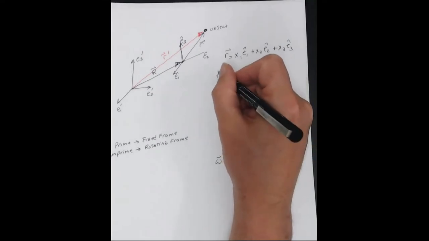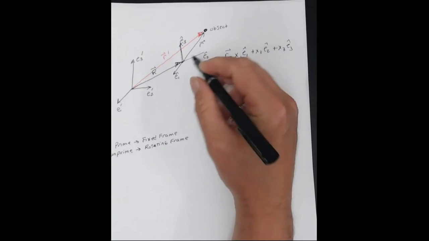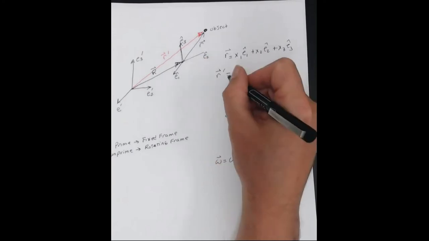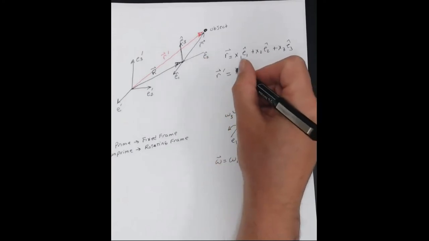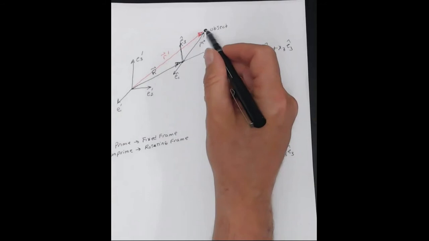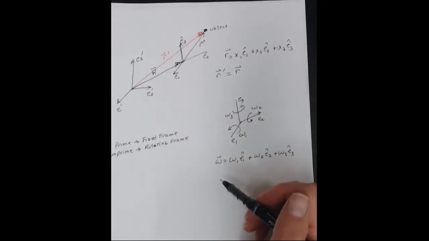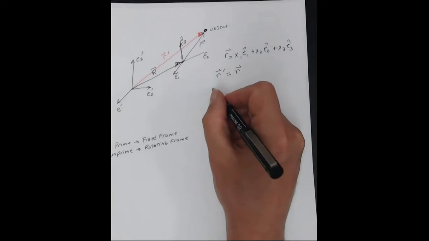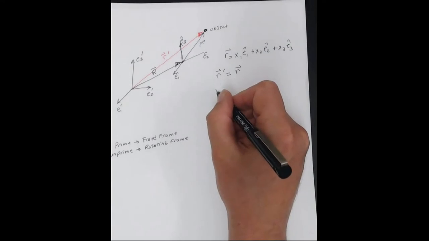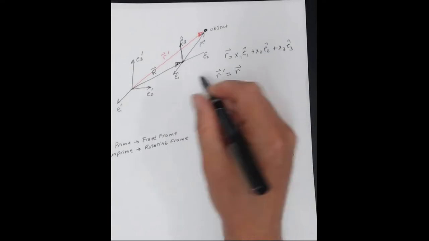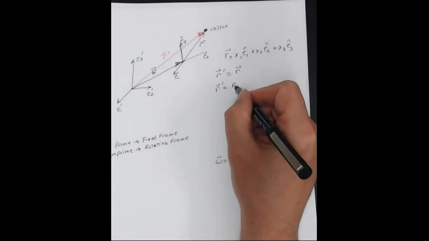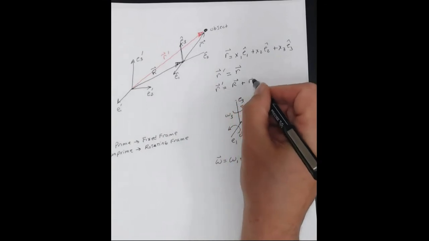Now, we do recognize that r prime locates the object with respect to the fixed frame, and ought to be equal to big R plus r, because you end up at the same object. We could also write that r prime is equal to, start here and go big R plus little r.